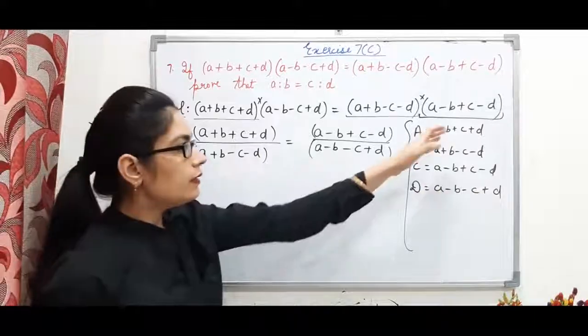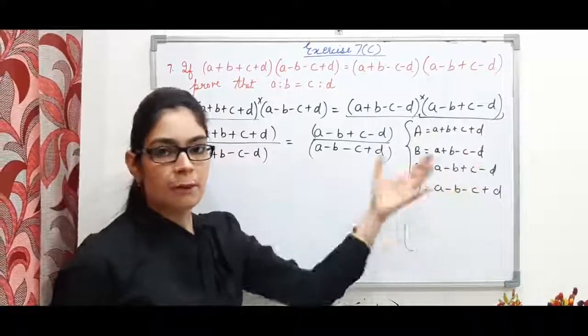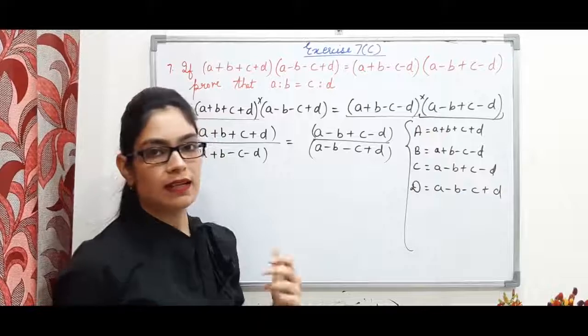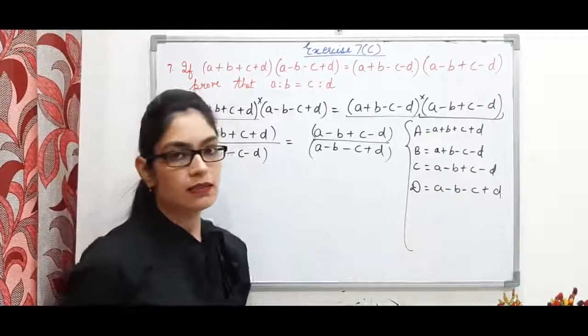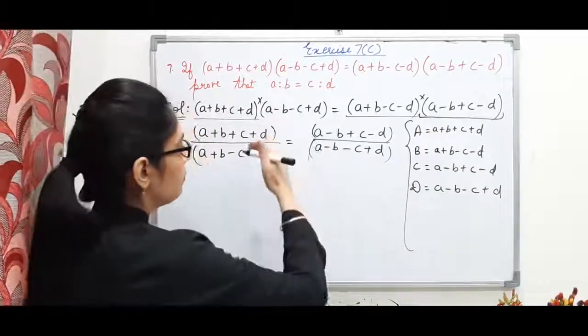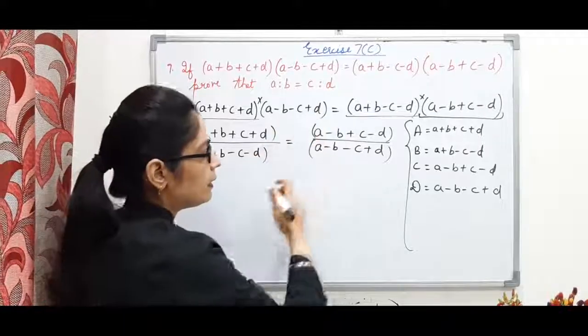See, carefully write these expressions, because the four terms a, b, c, d are the same, only the difference is in the signs. So a by b is equal to c by d.